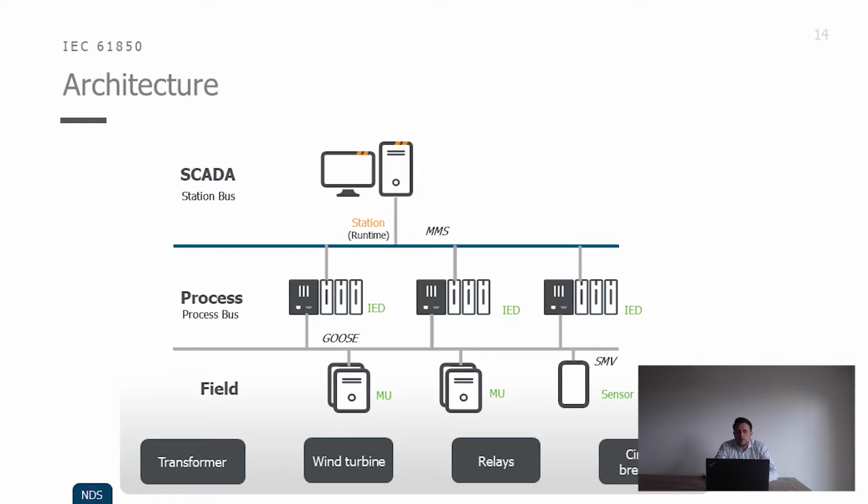But also, if some values are needed from a sensor across different IEDs, they can just be retrieved directly from the network using the sampled measured values. At the station level, the SCADA retrieves information from the IEDs or even executes commands using the MMS protocol. The retrieval of the data can either be polled or event-based using the predefined datasets in the IEDs.